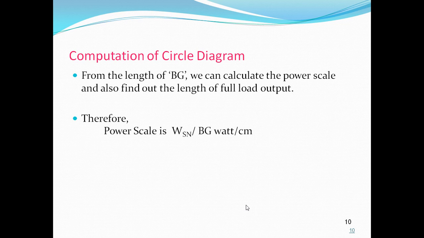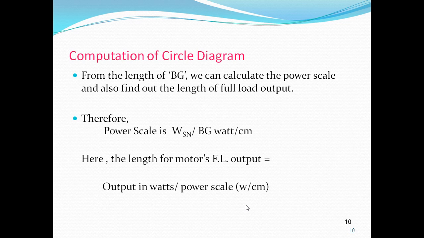Therefore, the power scale is WSCN by BG, that is watts per centimeter. Here, the length of the motor full load output is equal to output in watts by power scale. Then it will give the length how much we have to extend, so as to add these losses.